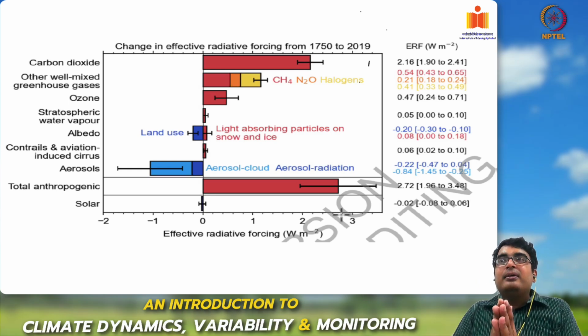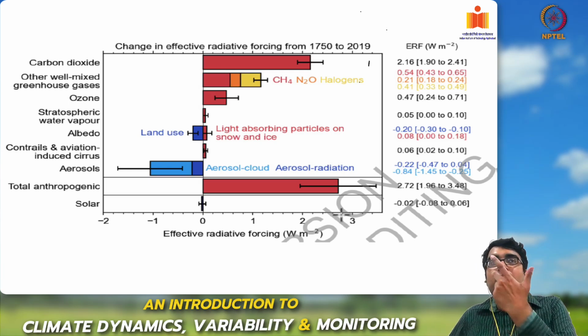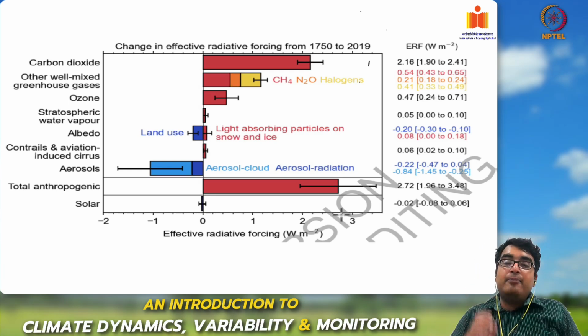So, while clean energy is very important for human health, it is likely to even aggravate global warming in the next decades if we do not also cut back on CO2 and methane emissions. So, that is something that we need to be very much aware of.